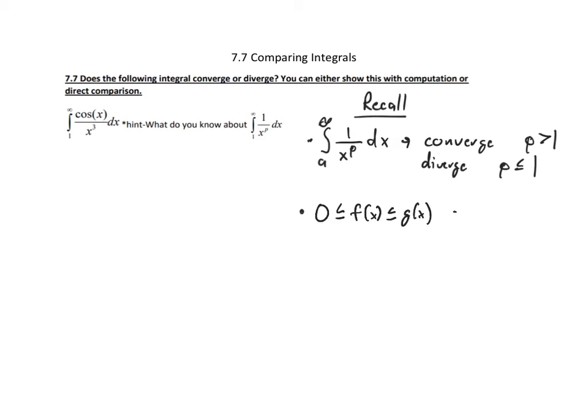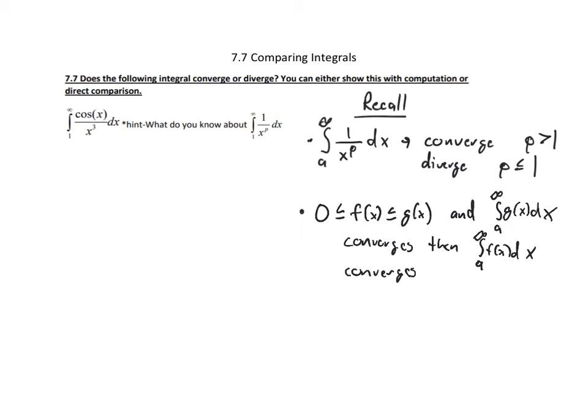If this is true, and the improper integral from a to infinity of g of x dx converges, in other words the larger function converges, then the integral from a to infinity of f of x dx converges also. Essentially, if the larger function converges, the smaller function must converge as well.